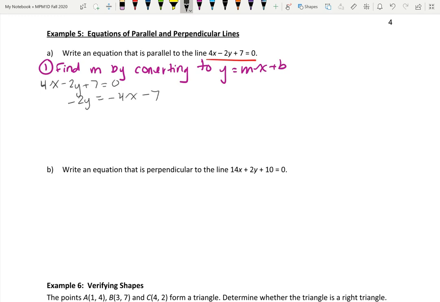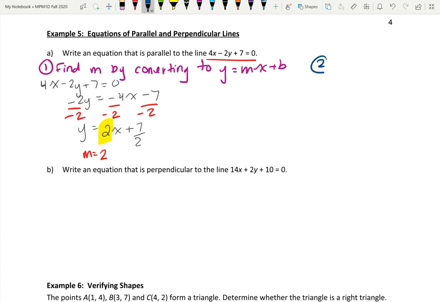And then continue to isolate y by dividing all terms by -2. y is equal to 2x plus 7 over 2. Okay, so the slope of the first line is 2. So m is equal to 2. So if the lines are parallel, then the second line would also have the same slope of 2.